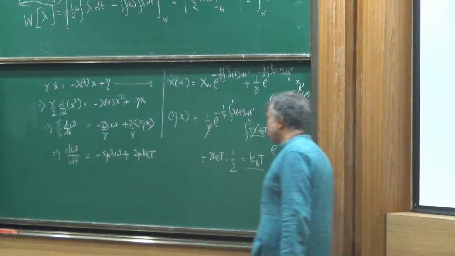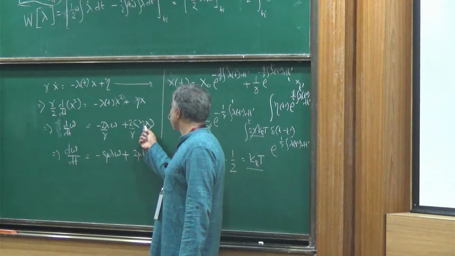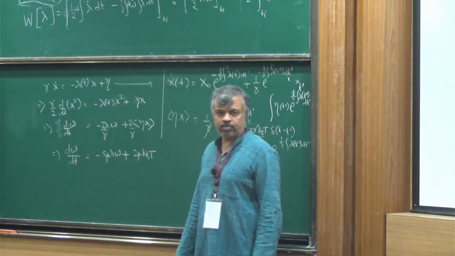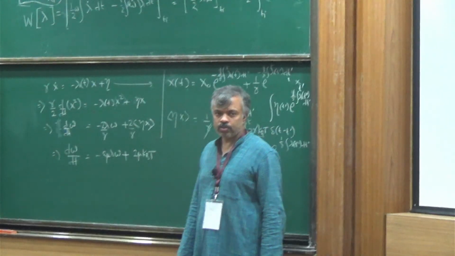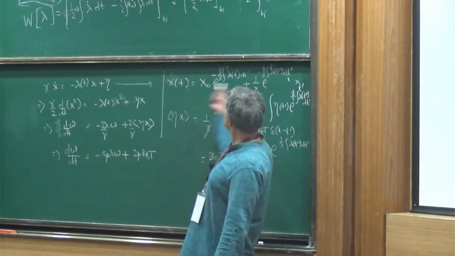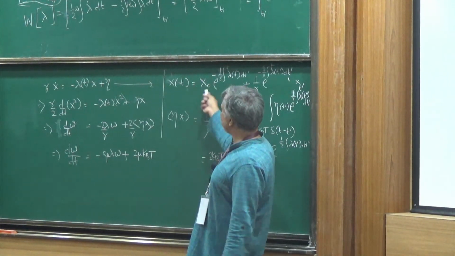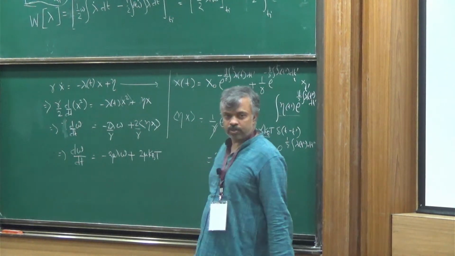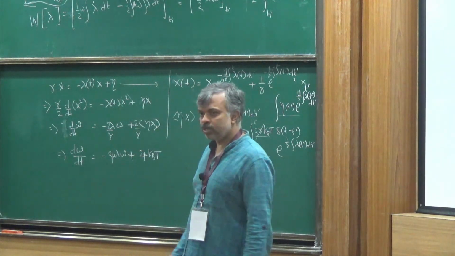That may be because x average is also independent of lambda. X average is also 0, right? From this solution, if I take the average and x0 average is 0, the initial condition, this will also not contribute, just by symmetry.